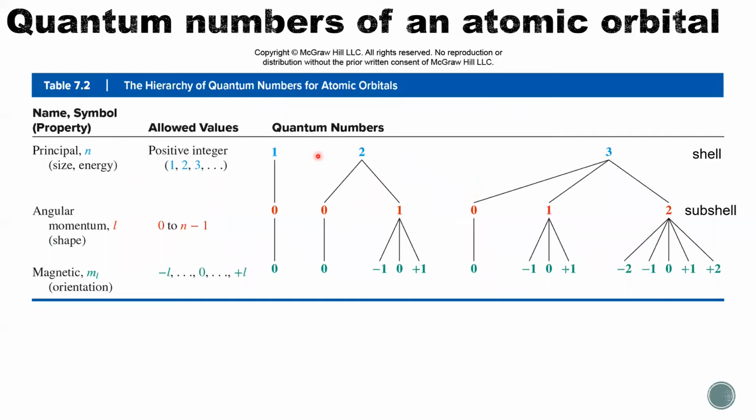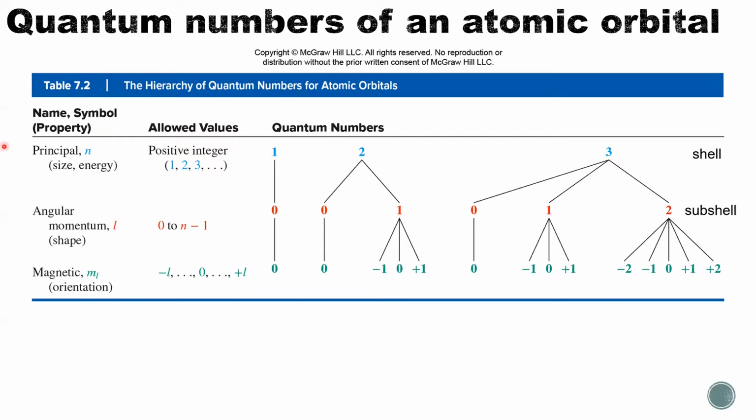You can also see this in your textbook, table 7.2. In 7.2, they list the 3 different quantum numbers. Every time we say quantum numbers, we know they are integers: 1, 2, 3, 4, or 0, or negative 1, 2, 3, 4, right?